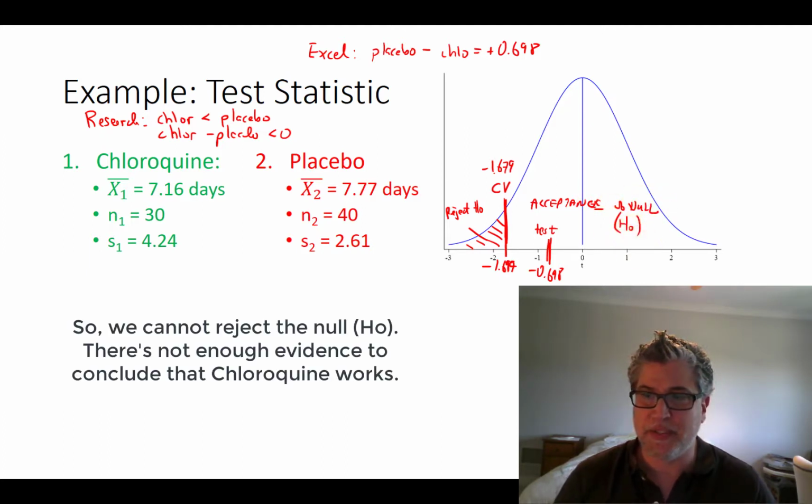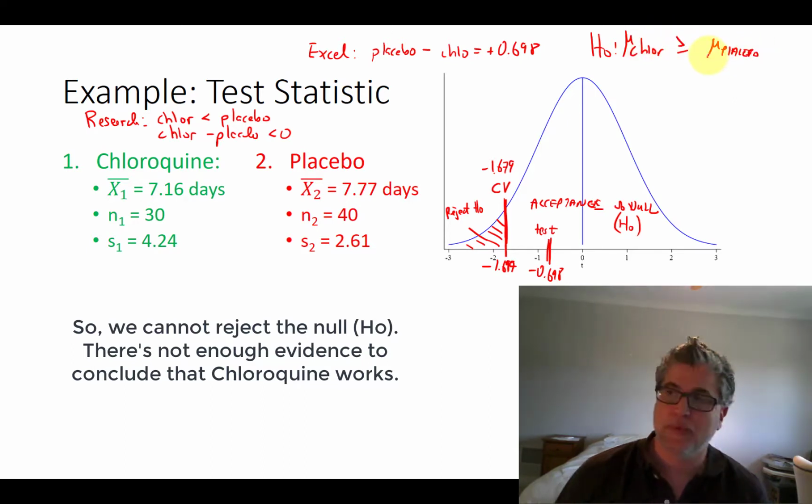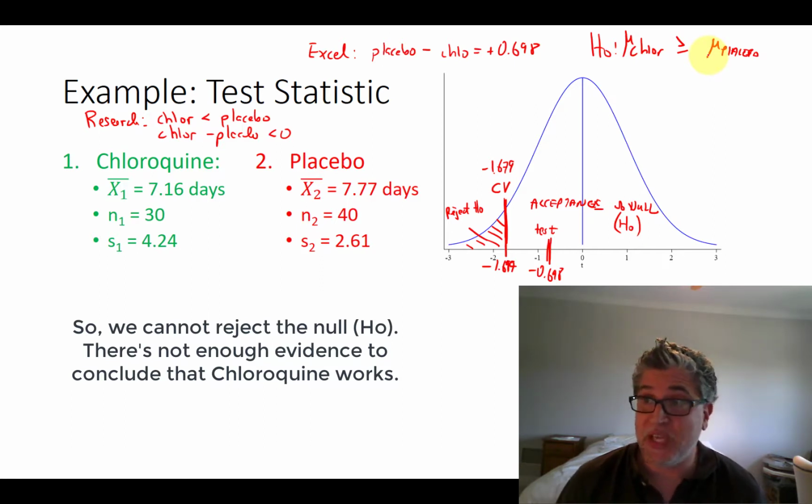Of the null hypothesis. So what was our null hypothesis? The null was that the average from chloroquine relative to the average of placebo, the number of days, possibly greater than, but certainly equal to, a placebo.